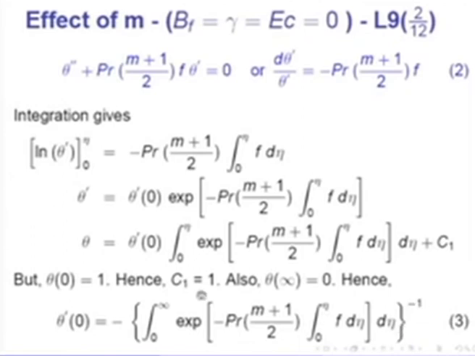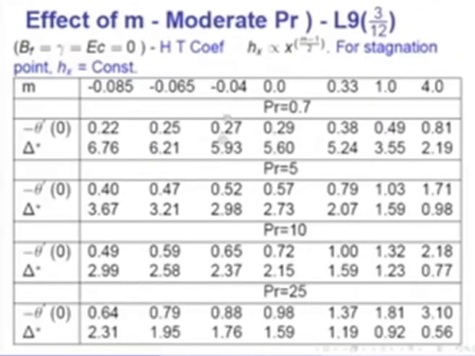Now, we will see some special cases of f. Since the velocity solution f d eta is known, we can evaluate this integral. The solutions that I show here have been evaluated for moderate Prandtl numbers 0.75, 10 and 25, allowing for m negative. Remember, I cannot go below m equal to minus 0.091, because that is where the separation occurs.